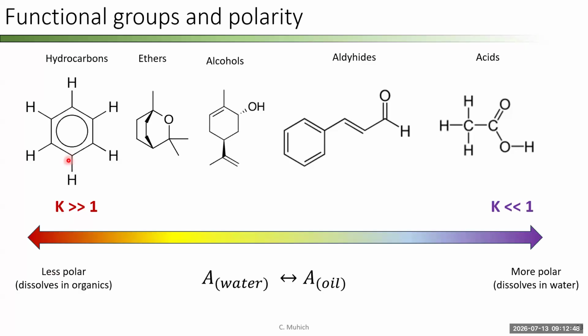They're going to want to be in the oil solvent. Conversely, things like acids, which are highly polar, like water, and are going to have Ks which are much, much less than 1. The partitioning is going to want to push them into the water.